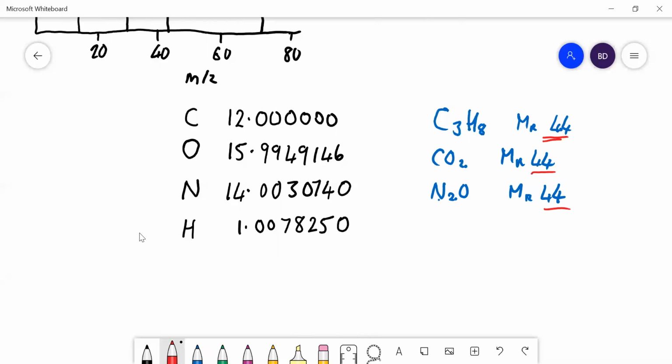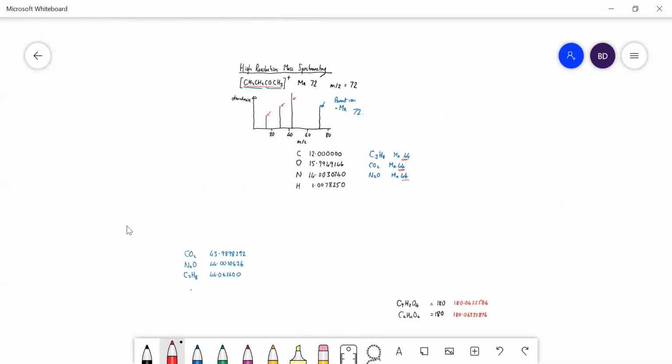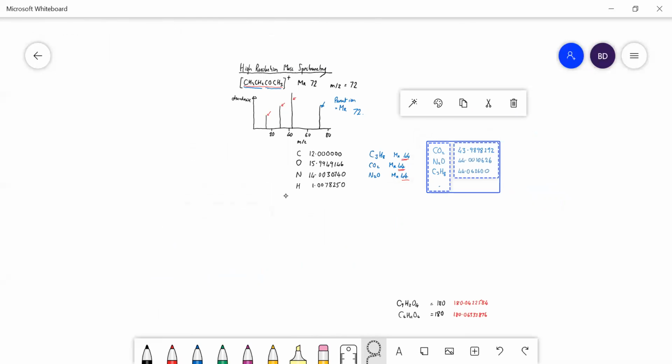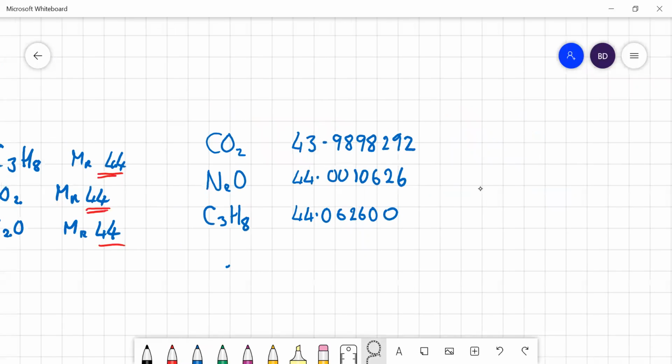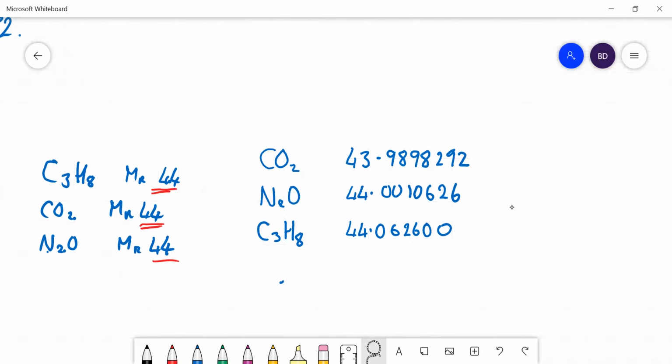I think I've prepared it down here. I'll show you what the real values are, and I'll drag it up. If you look at the real Mrs of those, very accurately to several decimal places, you can see they're not all exactly the same.